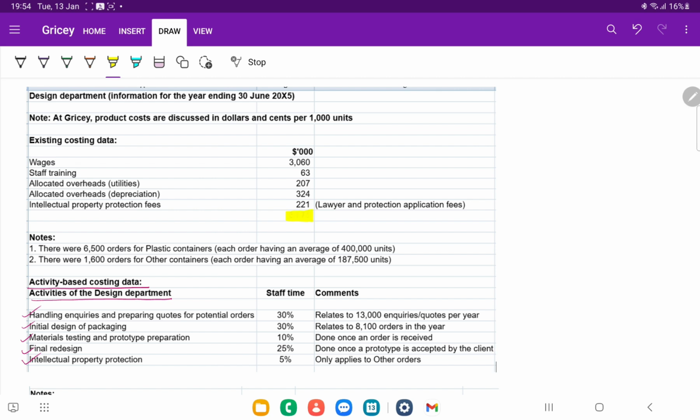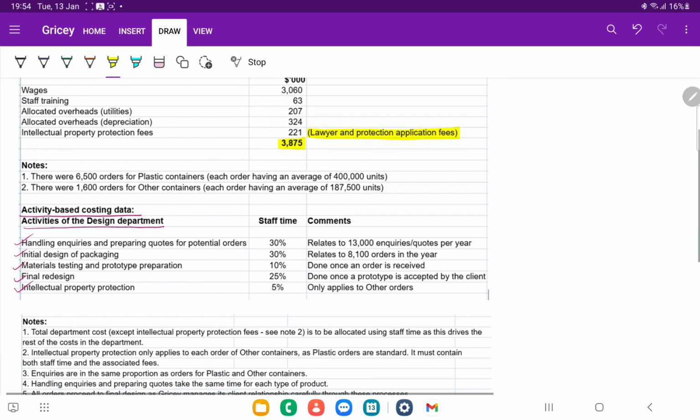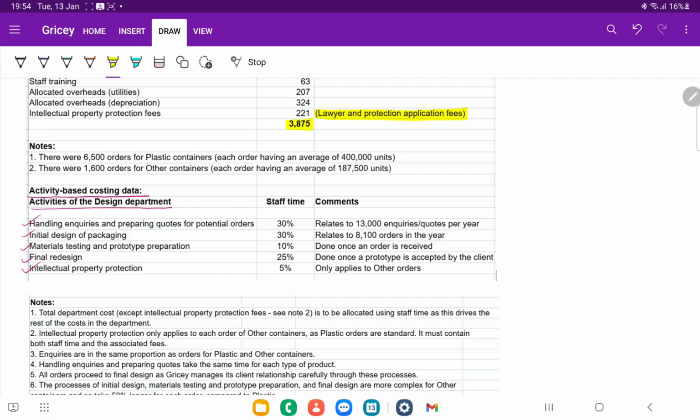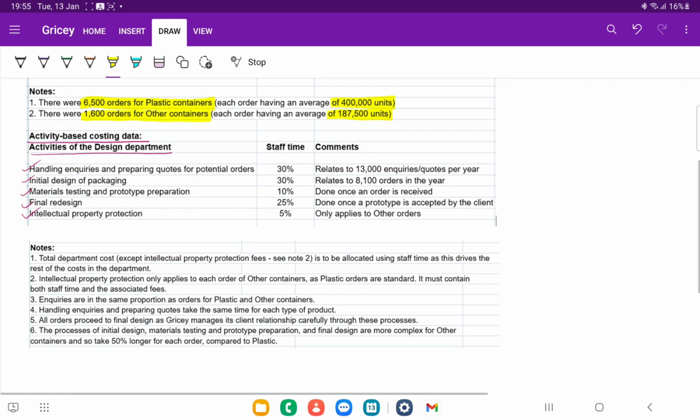So total cost is 3875, and lawyers and protection application fees are included in the 221. The question says that there are 6500 orders for plastic containers and 1600 orders for other containers. Each order has an average of 400,000 units, and in the other product each order consists of 187,500 units. So order size differs significantly, because probably plastic is for standard size.